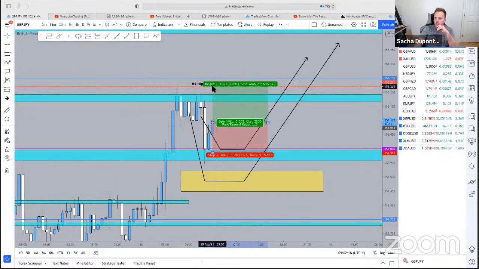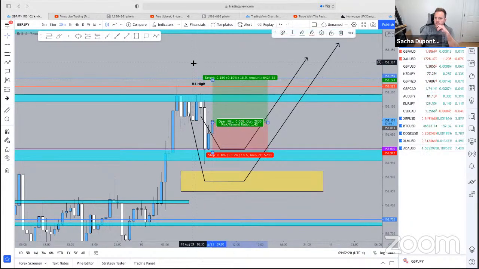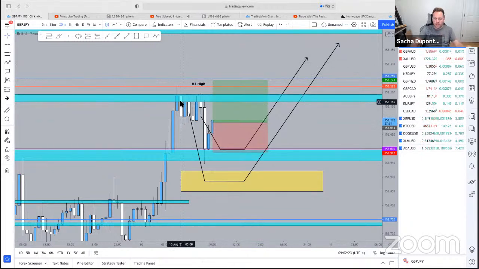And I'm gonna aim for 15 pips. Perfect. Auto break even is gonna be set at 11 pips. And all right, let's go.